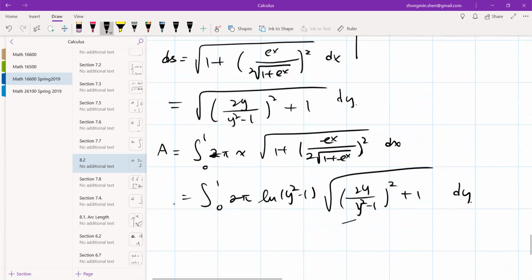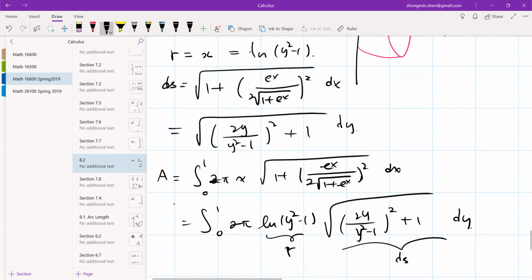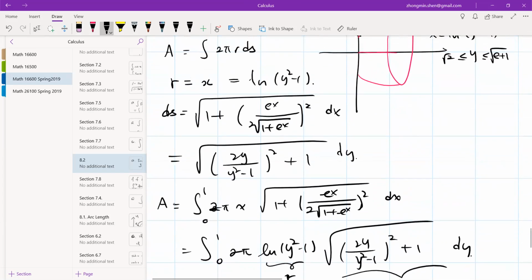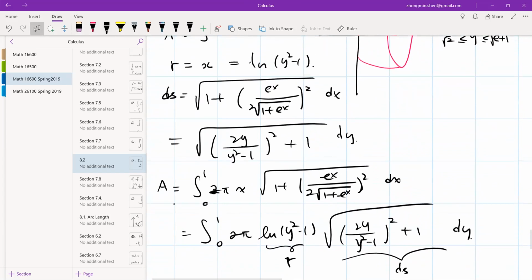But this part is always ds, and this part is r. It depends on which variable you use for the length, or for this curve. Think about that, right? The curve can be described as arc length.